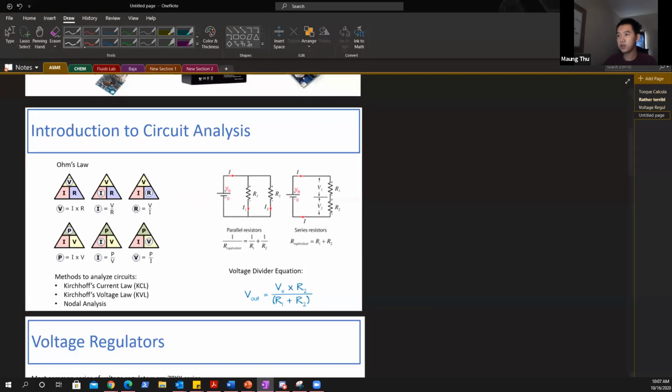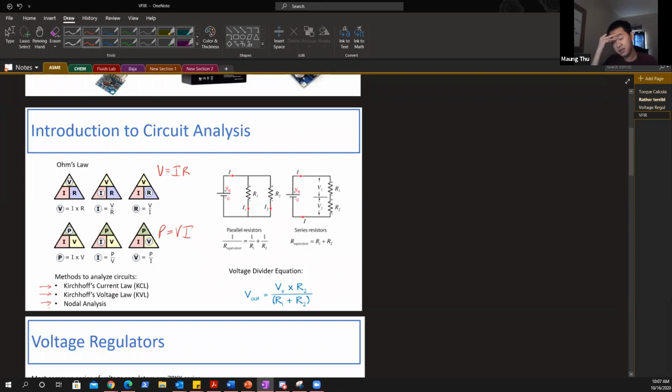You should know your Ohm's law, which is V equals IR, and you should know your power rating, P equals VI. There are a lot of different methods to solve circuits: Kirchhoff's current law, Kirchhoff's voltage law, and node analysis. There is one more, called mesh analysis.